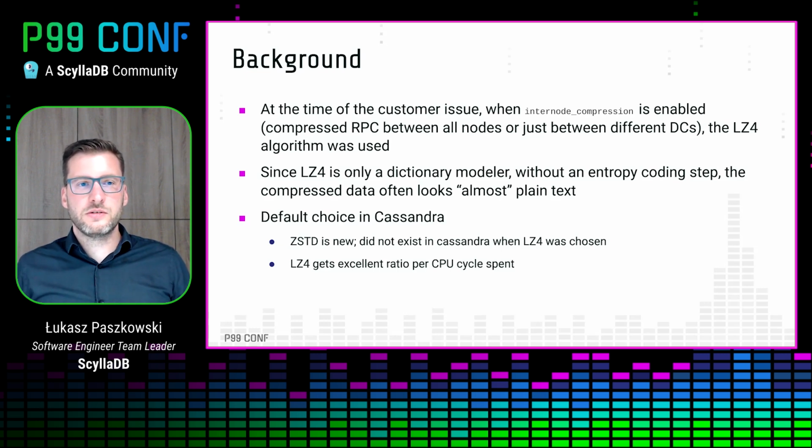One might question why LZ4 was selected for network compression instead of a more advanced tool like ZSTD, which offers better compression ratios. The answer lies in the history of the systems involved. Stila, being an offshoot of Cassandra, inherited this decision, as at the time LZ4 was selected, ZSTD had not yet been developed.